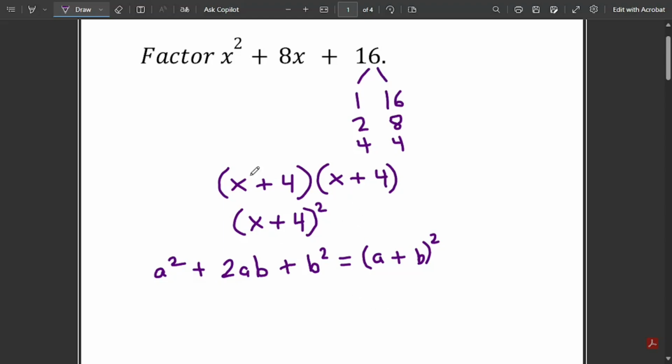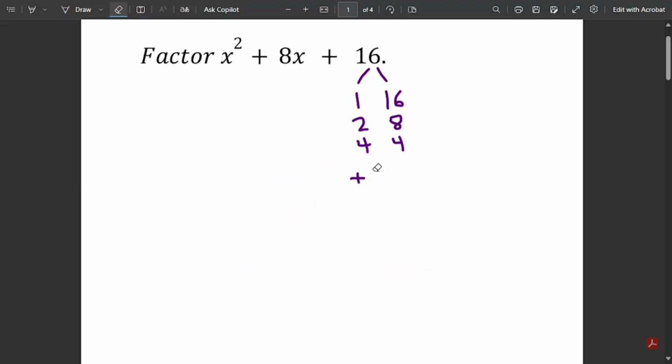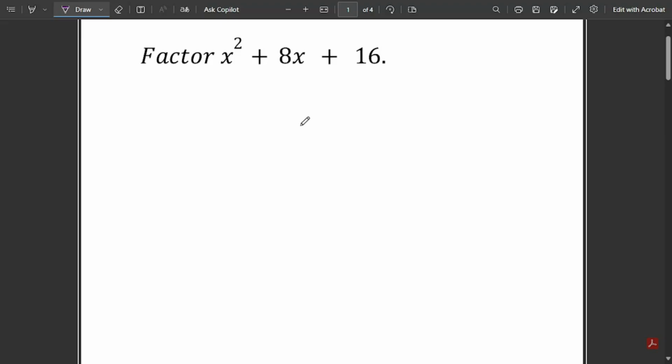So what I'm going to do is erase all this stuff and let's try it with the formula. Okay, so let's first identify a squared. A squared is going to be x squared, and b squared is going to be 16.